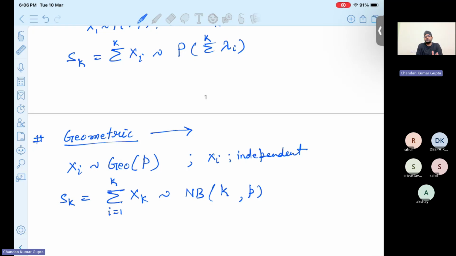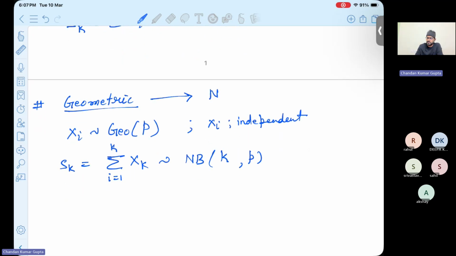We know that the geometric distribution is used when we want the first success. In negative binomial, we use the rth number of successes, 5 successes, 7 successes, like this. So when we consider geometric random variables, geometric will follow negative binomial.